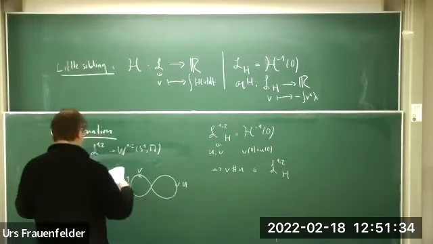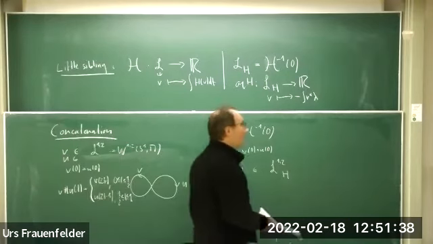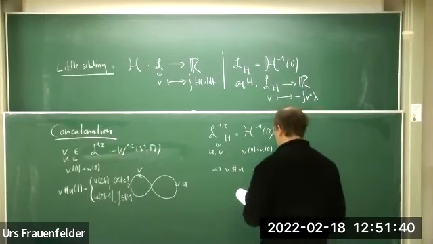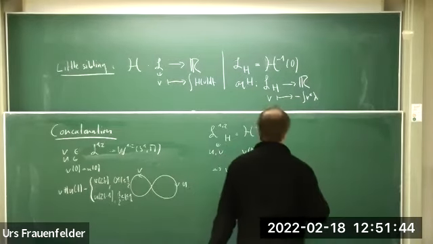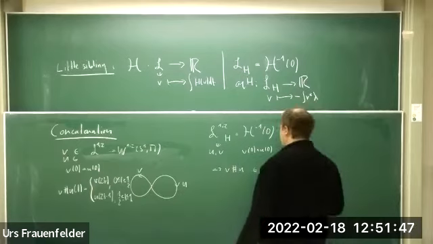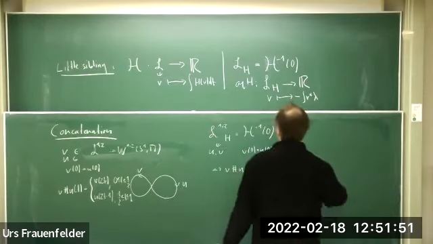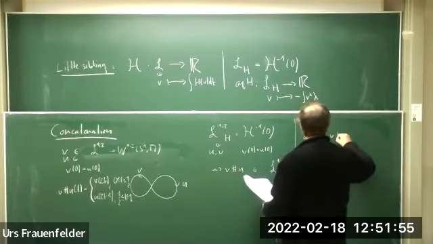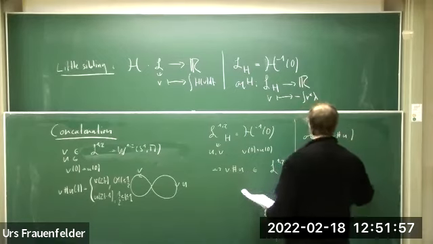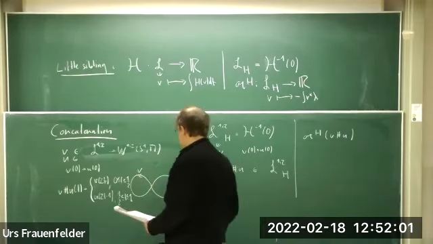And how does the little sibling of the Rabinowitz action functional transform under concatenation? It just transforms additively. So this is just Chas-Sullivan additivity. If we apply it to the concatenation, we just take minus the area here, minus the area there.